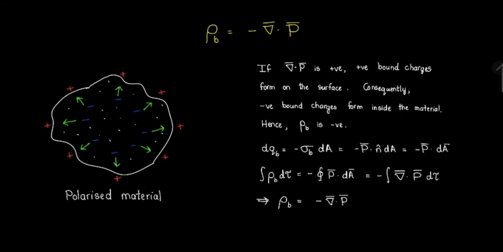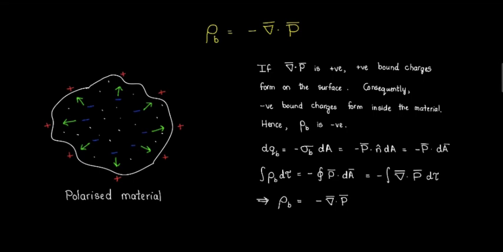What is P? P is dipole moment per unit volume. If divergence of P is positive, it means all my dipole moments are pointing outwards, which is given in the diagram. So the tip, this arrow mark, represents positive charge. So I'll have positive charges on my surface of this polarized material.